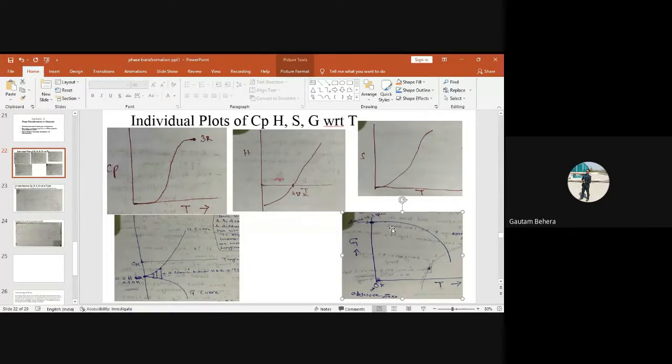Can anybody tell me? Instead of this kind of curve, why am I not drawing a straight line with a negative slope downwards? Why is this a curve?